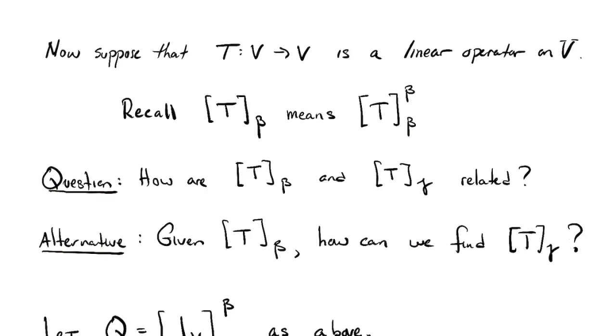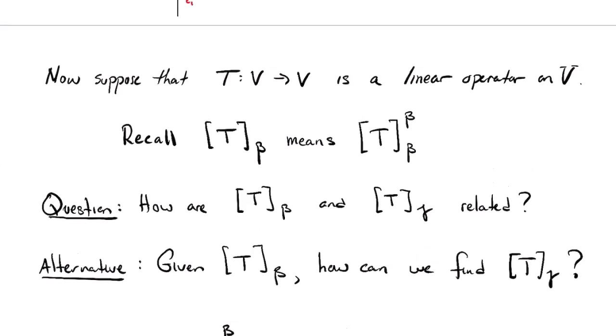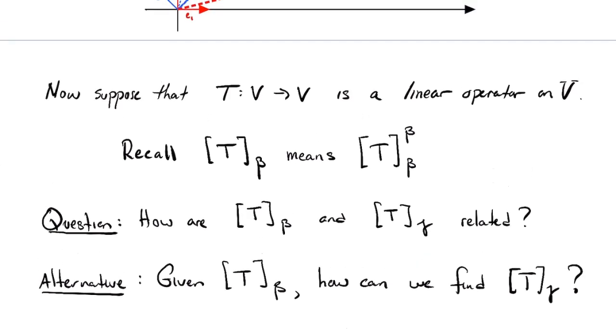What about linear transformations? Okay, well, let's suppose now that I've got one. Suppose that I've got some linear operator on a vector space. And let's recall the notation that if I write T sub beta, I mean the matrix of T in the basis pair beta beta, right? So if I write just one beta, then I mean that it's in both bases in the domain and codomain.